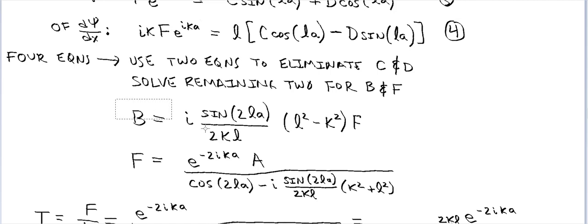But if we do that, we get that B is equal to i times sine of 2LA divided by 2KL, multiplied by L squared minus K squared, and that multiplied by F. And then F is equal to e to the minus 2iKA times A divided by the denominator: cosine of 2LA minus i times K squared plus L squared over 2KL multiplied by sine of 2LA.